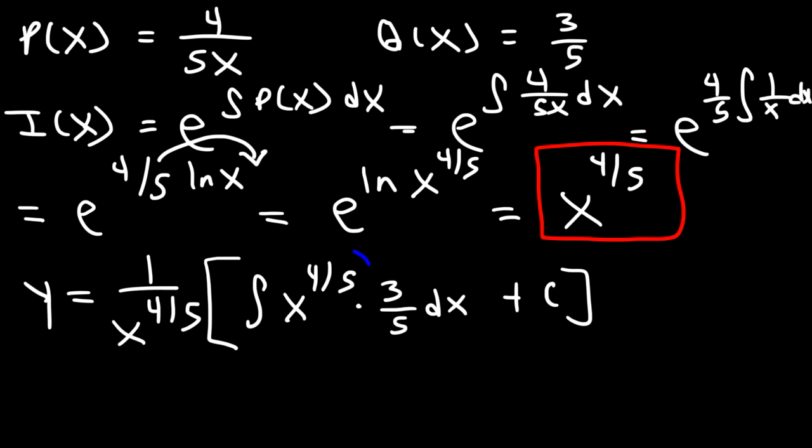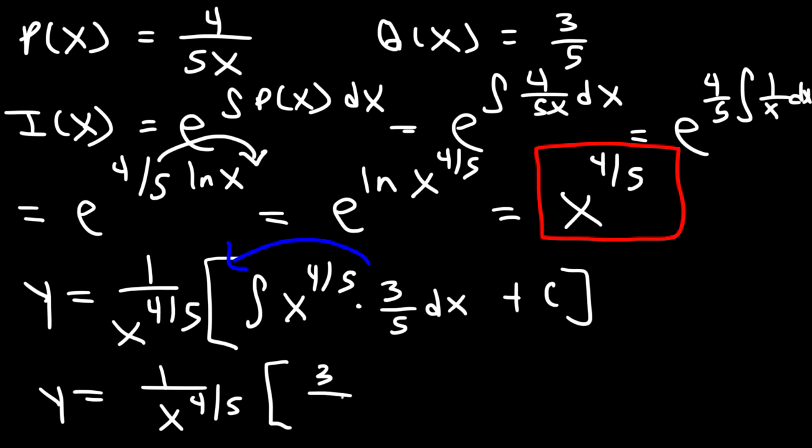So let's begin by moving the constant to the front. And then we could find the integral of x to the 4 over 5 using the power rule.